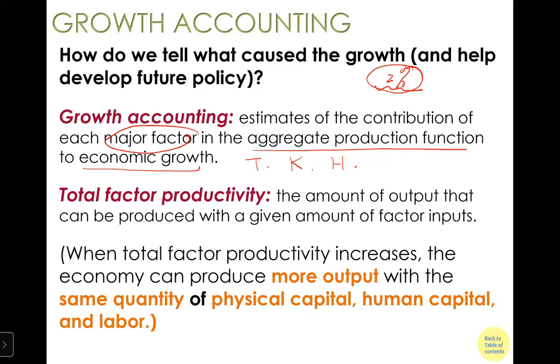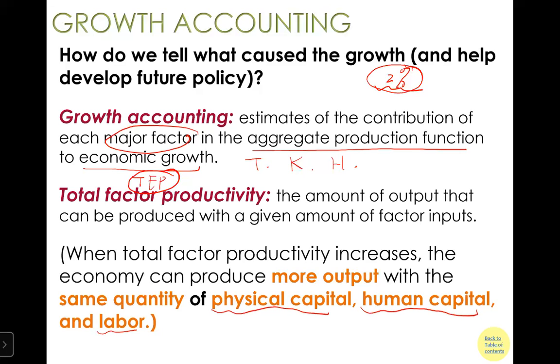Okay. So now what is total factor productivity? It is the amount of output that can be produced with a given amount of factor input. Okay. So when we observe an increase in total factor productivity, sometimes we shorten it to TFP. When TFP is increasing, that means per worker, we can produce more for a given level of physical capital, human capital, and labor.